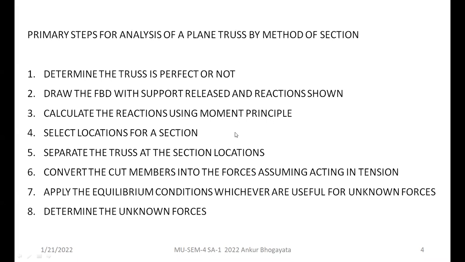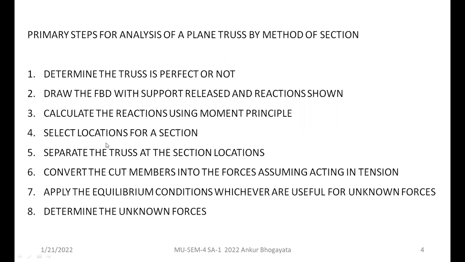We used to separate the beam by a section, and consider the left hand side and right hand side. So the same methodology we are going to apply for truss also by selecting an appropriate section. But there are certain rules and regulations for selecting the section that I will be discussing with all of you, such that you will be able to use it.